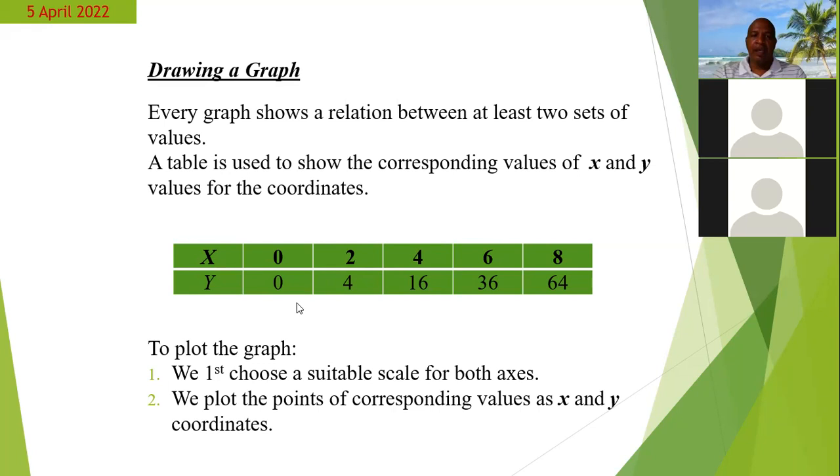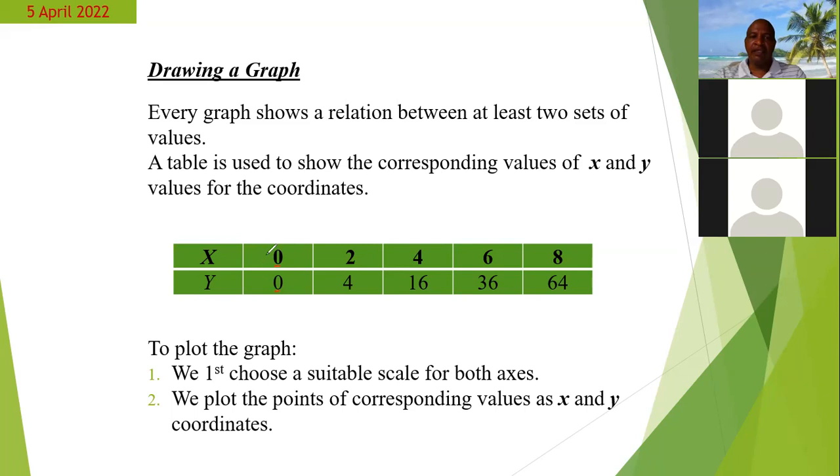All right. Now, if you're given this table, then what this table is giving you is a relationship with the X and Y coordinates. So what they're saying is, if you have an X value of 0, then that corresponds to a Y value of 0.